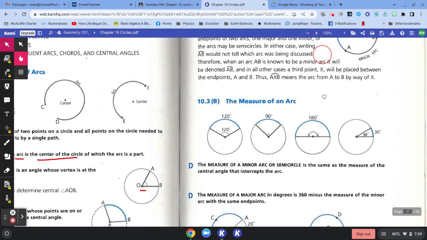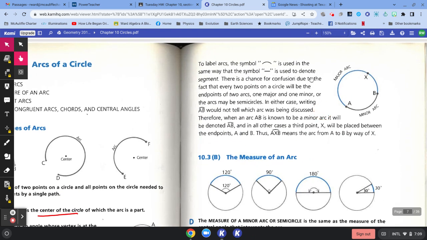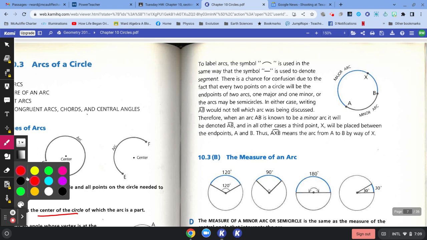Since an arc is a curvy thing, we will use this symbol right here for an arc. So where a segment would have a little segment over the 2 letters at its endpoints, an arc is going to have this shape, this little curve over it. It looks like a sad face.